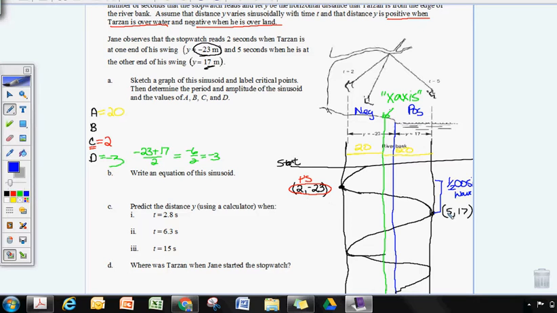So from 2 to 5 is half of a cosine wave. So do you see it takes 3 seconds? So one wave would take 6 seconds to finish. So that would be my period. Okay, so my B value is 2 pi divided by my period, so my B value is going to be pi over 3.